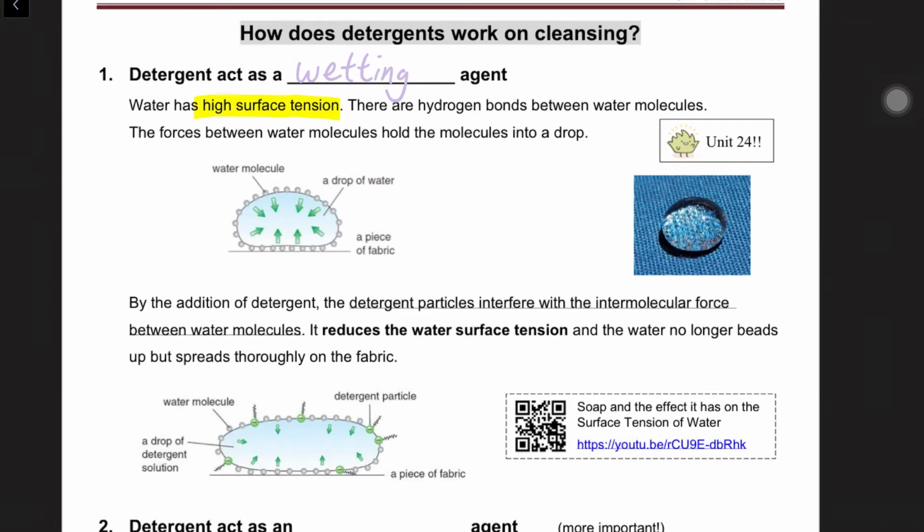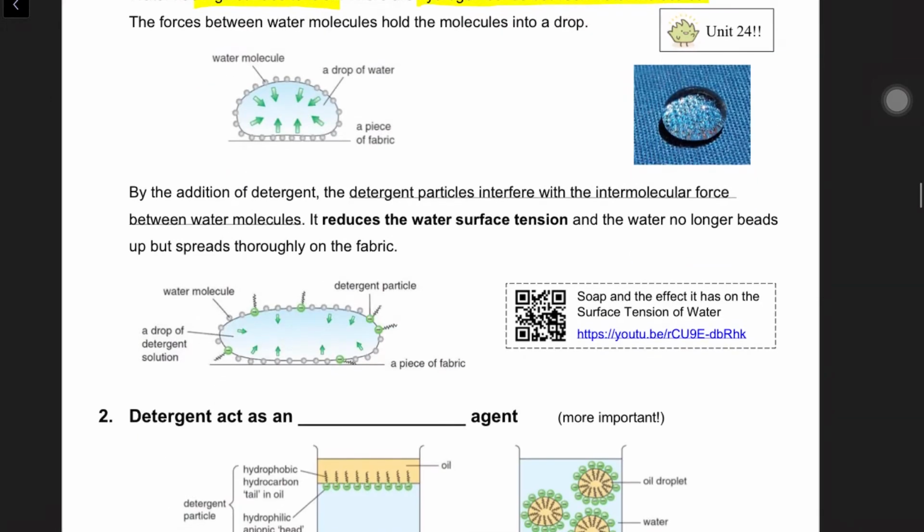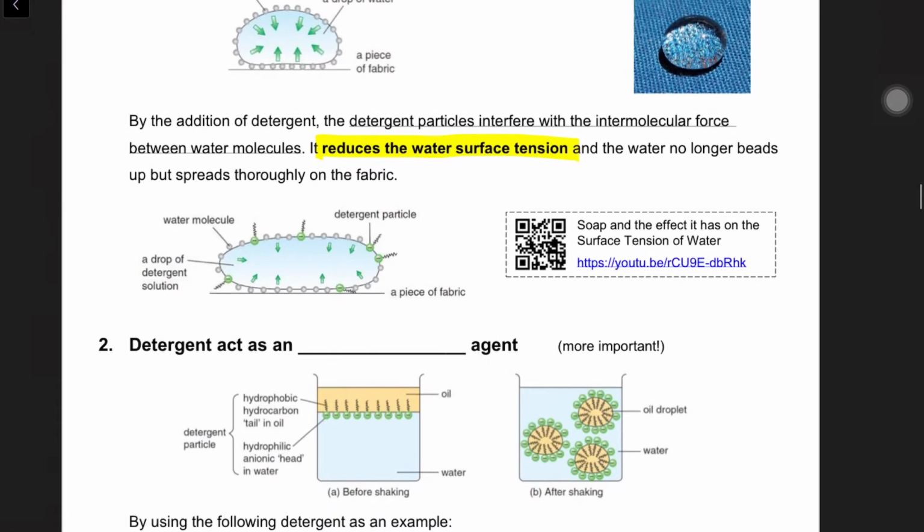That means the water molecules tend to attract each other to form a surface rather than spread out. If water exists as a droplet, then the dirt may not be able to dissolve in it. So the function of detergent is to try to reduce the water surface tension. That means they will spread out on the fiber rather than become a water droplet.